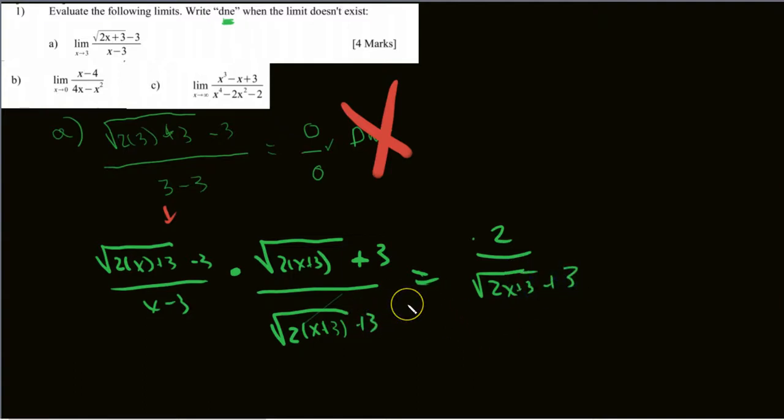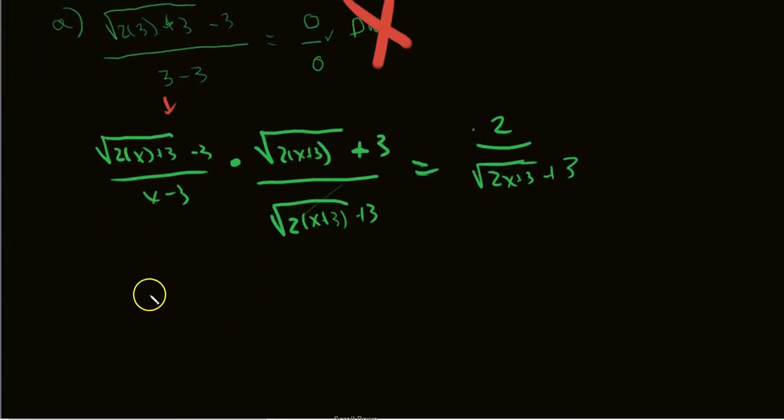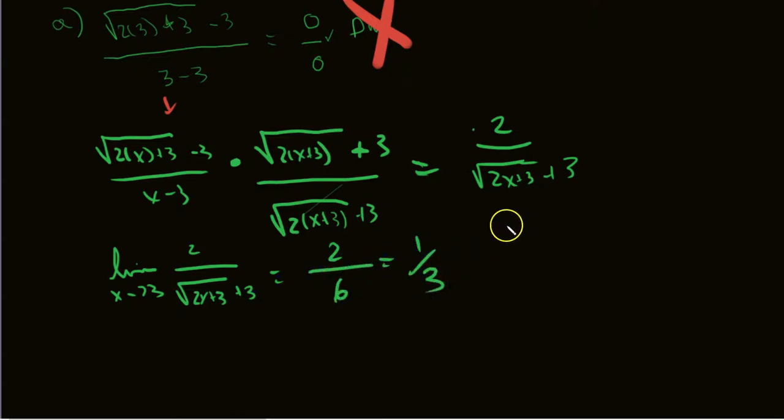And now we have no choice but to take the limit as x approaches 3 of 2 over root 2x plus 3 plus 3. We get 2 over 6 equals 1 over 3. See guys, it was not 0 over 0. This is wrong. We actually got a real number over here. So that's the answer to our question.